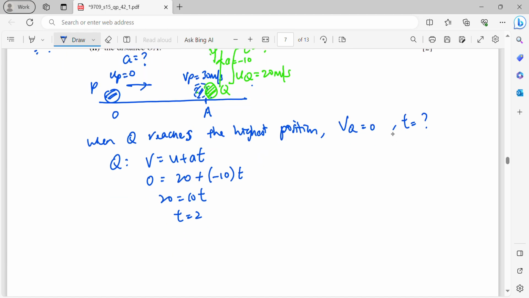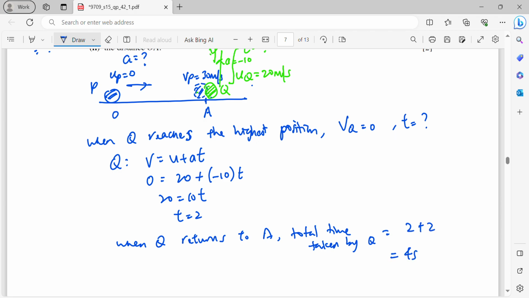That means now, when Q returns to A, the total time taken by Q will be 2 plus 2. That will be 4 seconds.